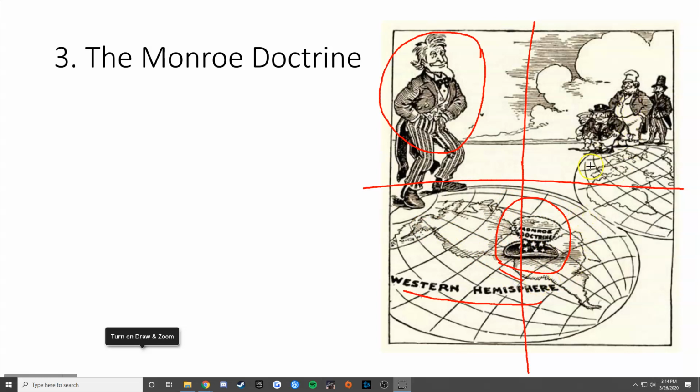Then you have the Eastern Hemisphere on this side with the European powers. And that's basically what the Monroe Doctrine was all about: the idea that we would be the leader on this side of the world, the Western Hemisphere, and the Europeans would be the leaders in the Eastern Hemisphere. And we no longer want the Europeans to come onto our side of the world.